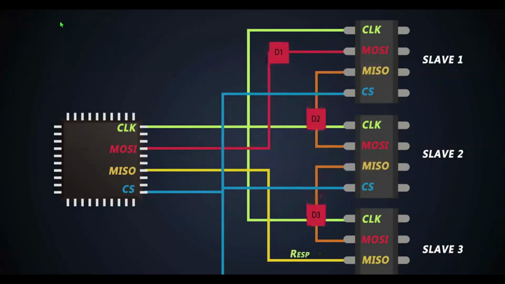Simultaneously, slave 1 will send D2 to slave 2, and slave 2 will send D3 data to slave 3, and finally slave 3 will send the response of the data transmission to the master by using the MISO line. And that's how data is transferred to different slaves using the daisy chain configuration.